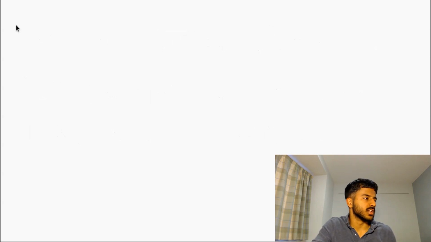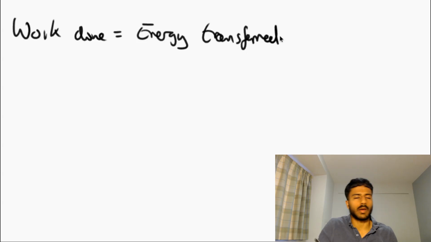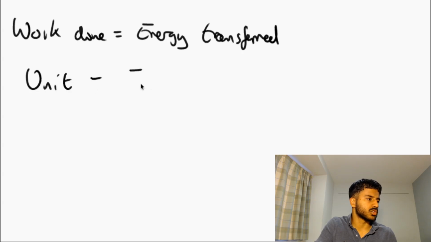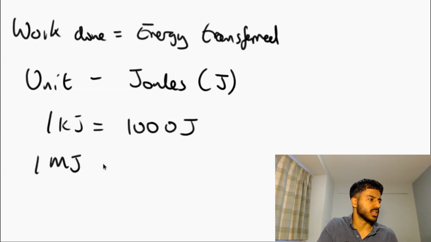In other words, the work done is equal to the energy transferred. And these two can be used interchangeably. Now, the unit for energy or work is the unit of joules, given by this capital J. So 1 kilojoule is equal to 1,000 joules, and 1 megajoule is equal to 1 million, or 1 times 10 to the power of 6 joules.